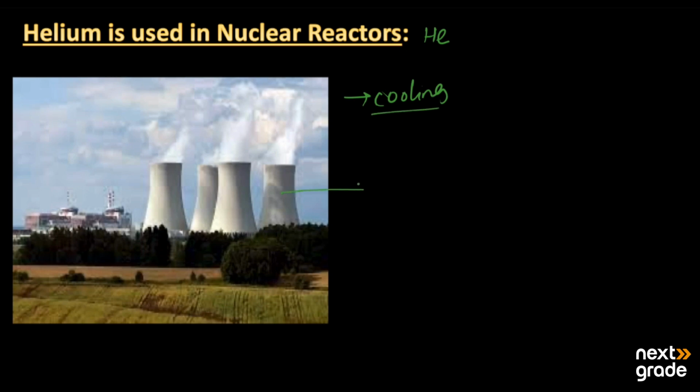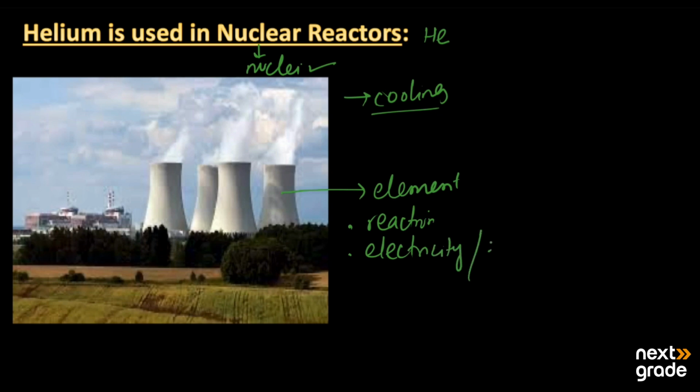Now, these nuclear reactors have different elements, and a lot of chemical reactions take place in them. Nuclear reactors are basically reactors in which the nuclei of different elements react, and in turn they produce electricity or another source of energy.